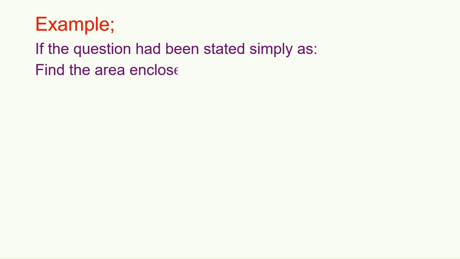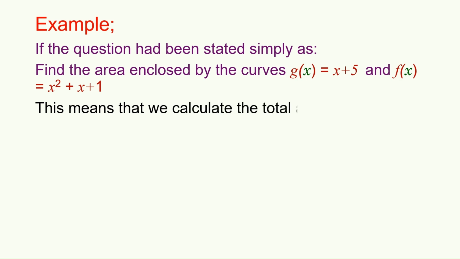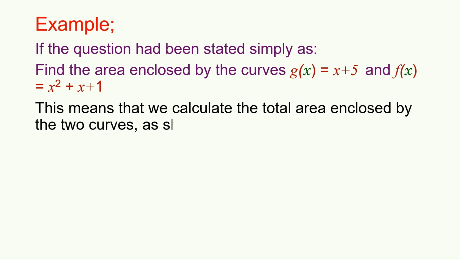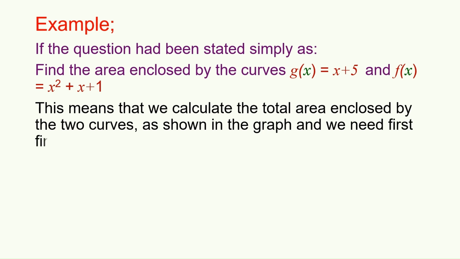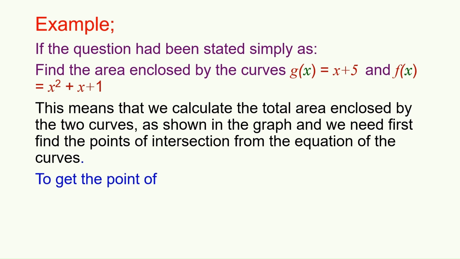If the question had been stated simply as find the area enclosed by the curves g(x) equals x plus 5 and f(x) equals x squared plus x plus 1, this means that we calculate the total area enclosed by the two curves as shown in the graph, and we need first to find the points of intersection from the equations of the curves.